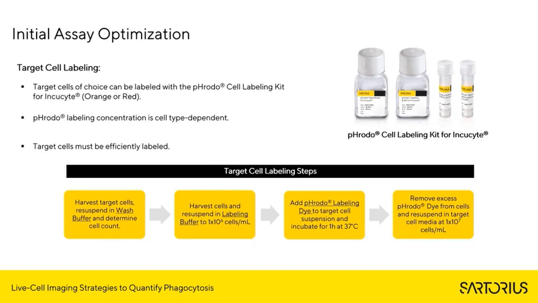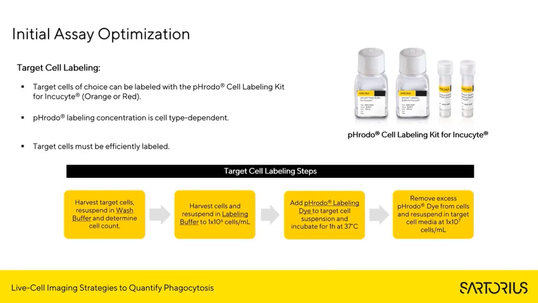So shown here is a brief overview of the target cell labeling steps. Firstly, we want to harvest our target cells and wash these using the wash buffer. Next, we want to harvest them again and resuspend in a labeling buffer. The third step is the Frodo labeling.